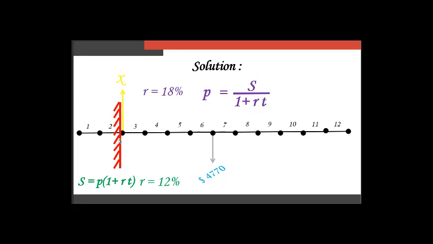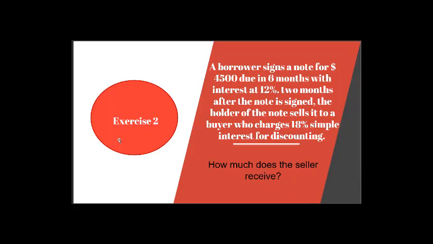Then we can use the equation of value, old obligations equal to new obligations, to get X. Note that the time for the amount of $4,500 equals 6 months.